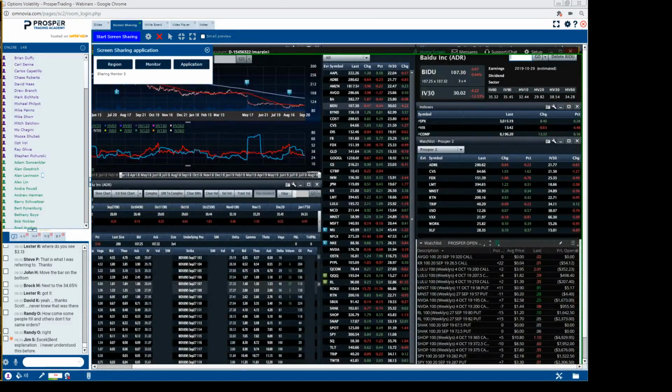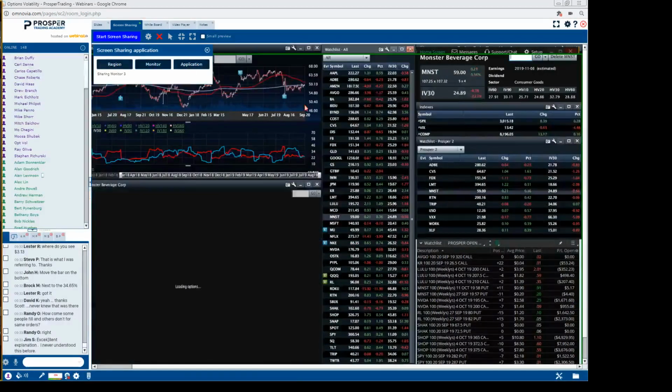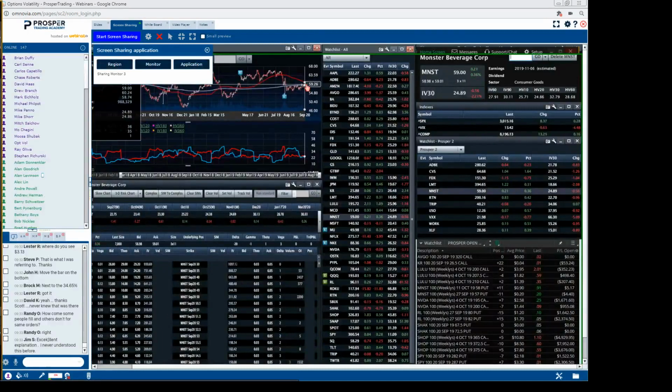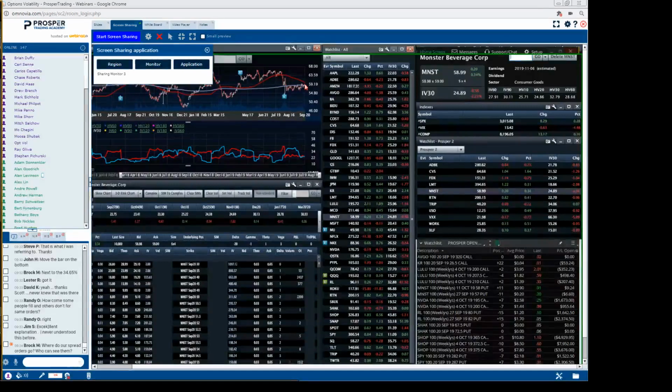I can tell you in the case of Monster right now, what happened was the stock did pop very, very briefly up to 59.12 was the high. That is where we saw some of the fills come in. My guess is if the stock goes up there again to 59.10, 59.15, that area, many others will be filled as well.